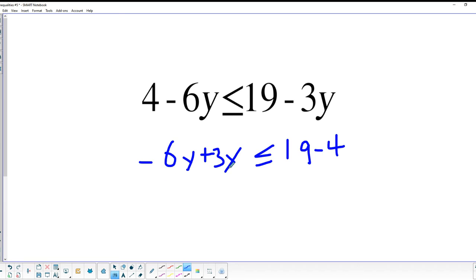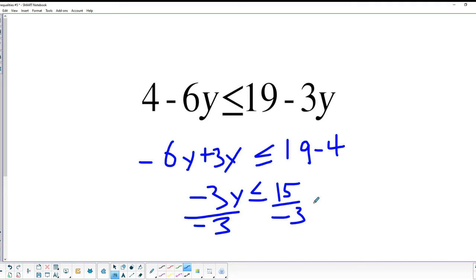So negative 6y plus 3y is negative 3y, and that's less than or equal to 19 minus 4, which is 15. Divide both sides by negative 3, and the inequality is going to flip out on us and go the other direction. So y is greater than or equal to negative 5.